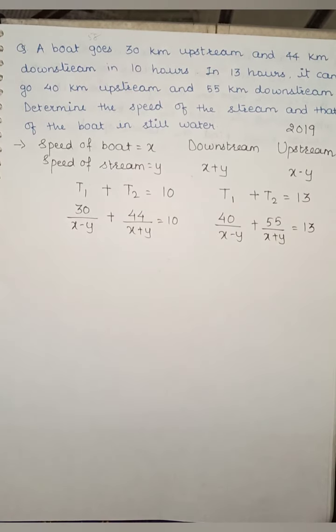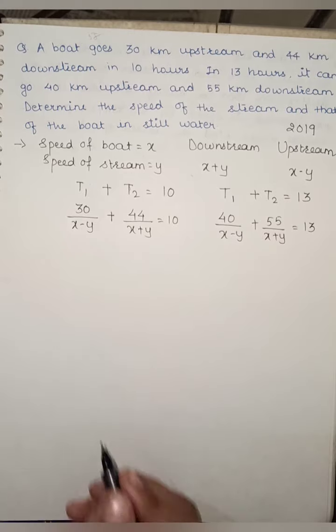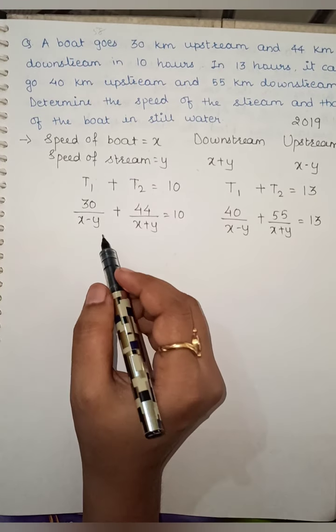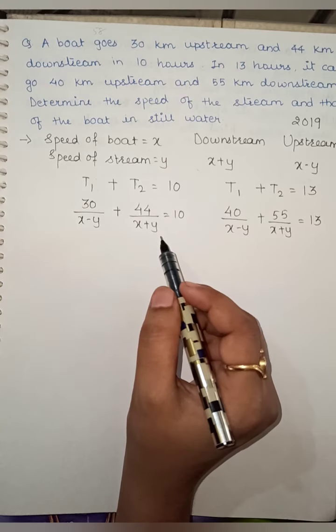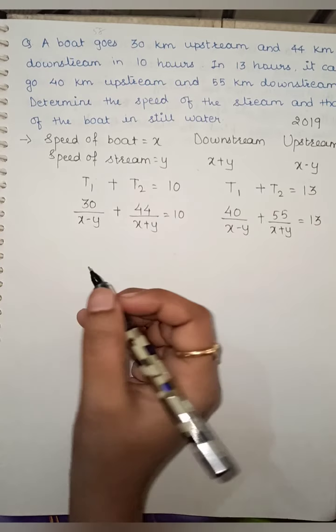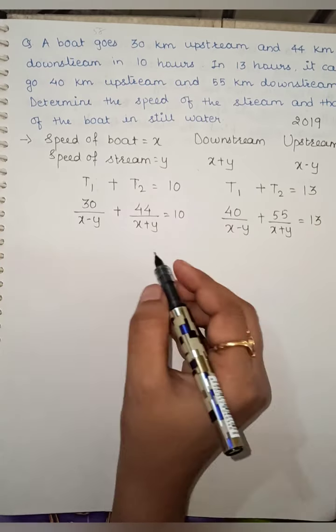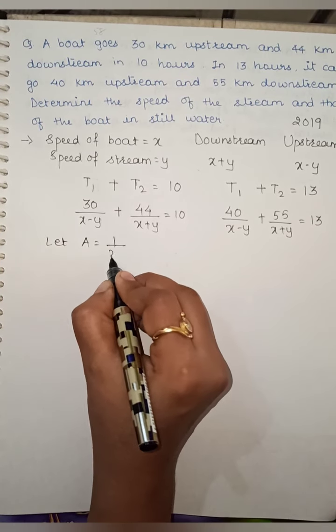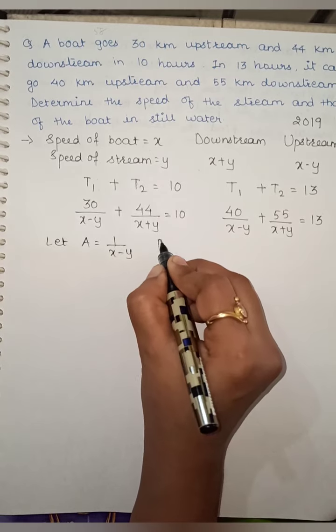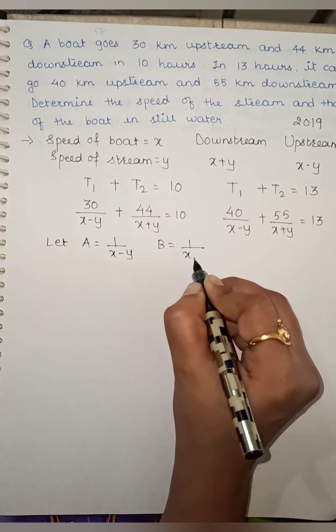So now as you can see, we have got two equations in which there are two variables, so definitely we can solve them. But for that we have to assume the x minus y and x plus y to be some term so that our simplification or the solution would be easy. So let us say a will be 1 upon x minus y, whereas b will be 1 upon x plus y.